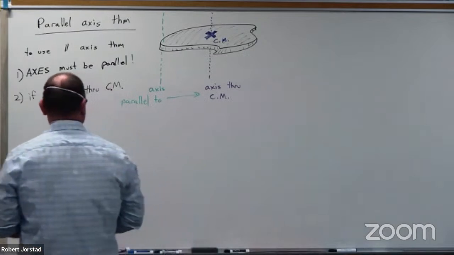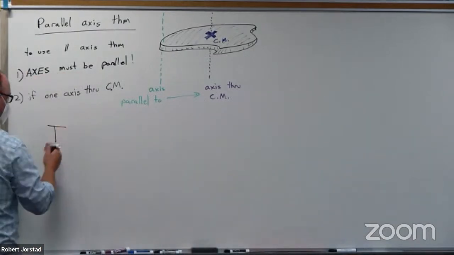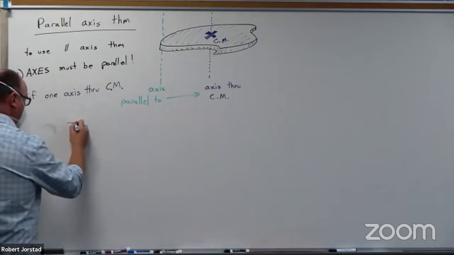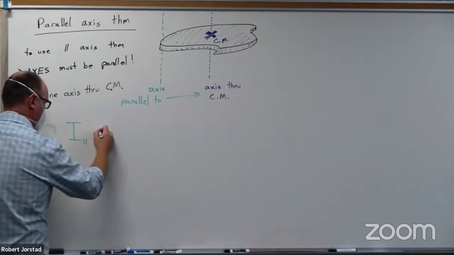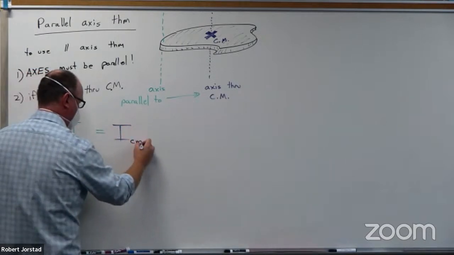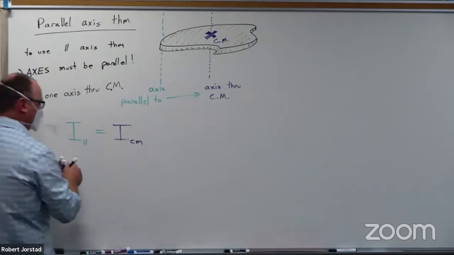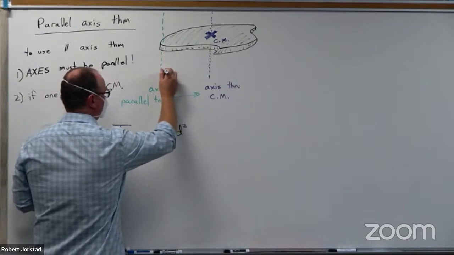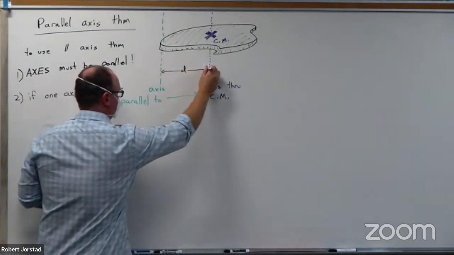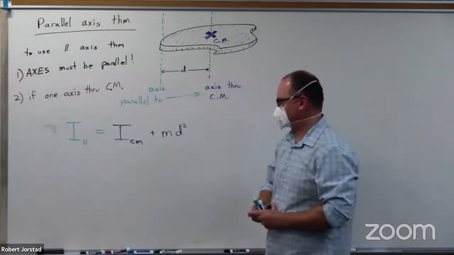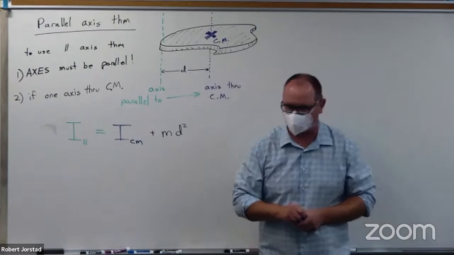If that is true, we get this beautiful formula. If the distance between the 2 axes is d, the moment of inertia about the parallel axis is the moment of inertia about the center of mass plus mass times d squared.